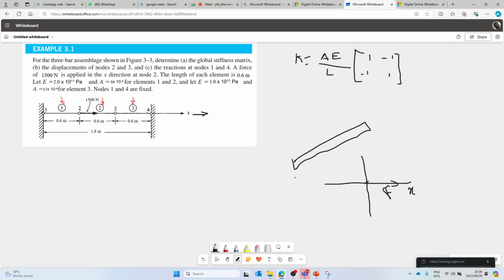Now, there are some instances that we'll see later on in the next part of this topic when the bar is at a certain angle. You can also consider it as a force acting at a certain angle. Because if I have F here, you do know that I'll have one component on the x-axis and one component on the y-axis.